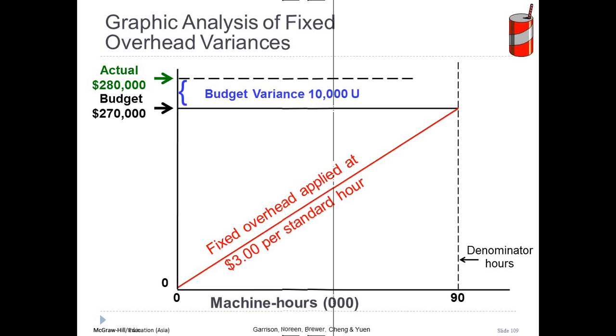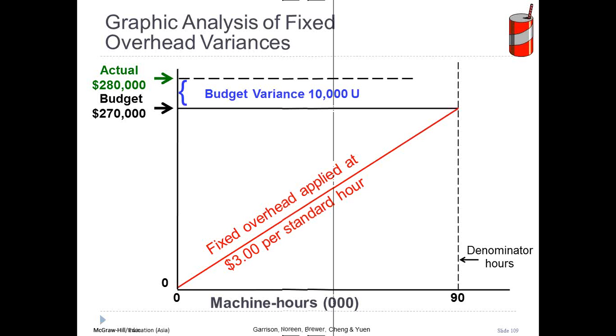Finally, identify the standard hours allowed for the actual level of output, 84,000 hours, on the horizontal axis. Draw a vertical line from this activity level until it intersects the sloped line that depicts the fixed overhead applied to products. From this point, draw a horizontal line representing the fixed overhead of $252,000.